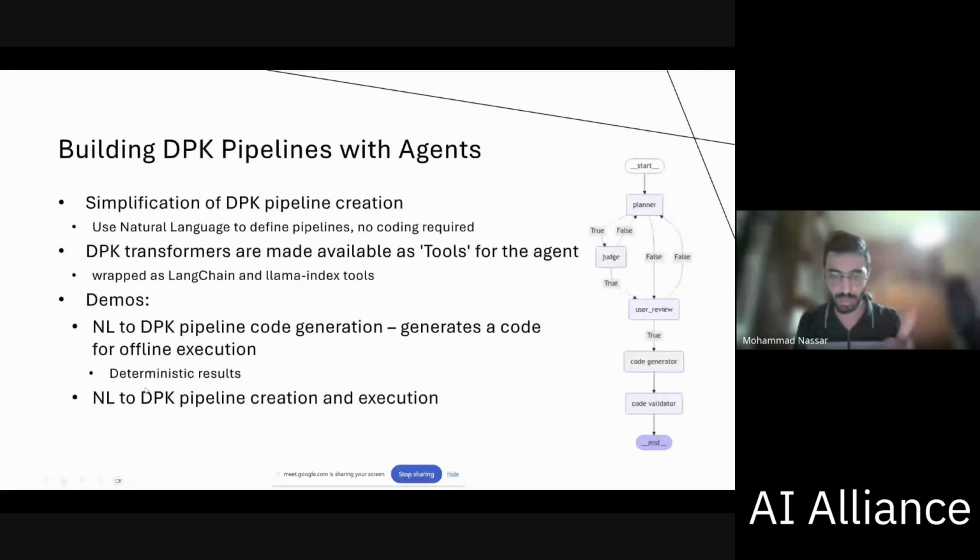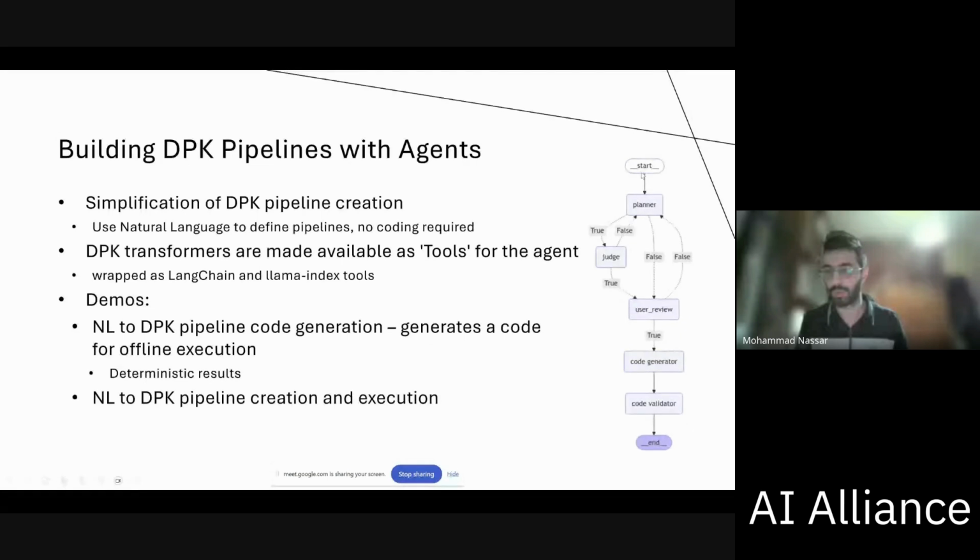Before we go to the notebook, let's look at the graph on the right side here. This graph, or this flow, describes the agent in the notebook that we want to show.